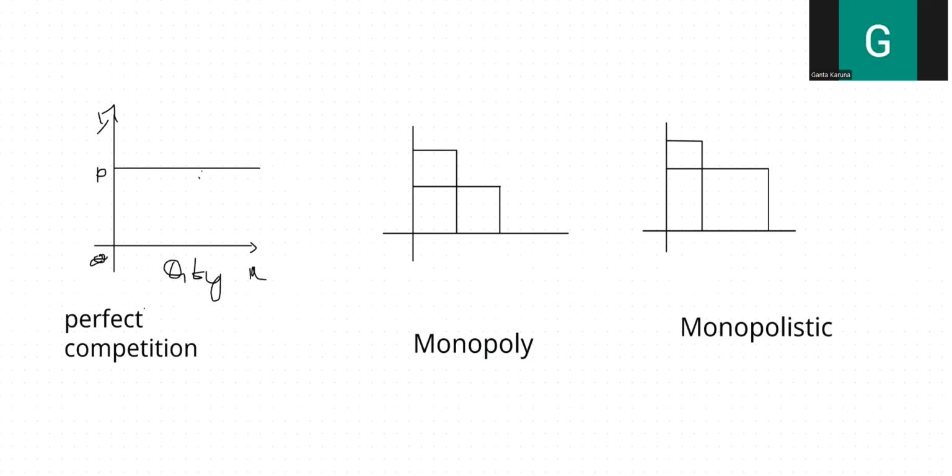Like if I assume this one is Q1, this is Q2, and this is Q3. Whatever the demand, whether it is Q1, Q2 or Q3, the price is going to remain always constant, because we have already seen that these people are price takers, not price makers, because they don't have the right.